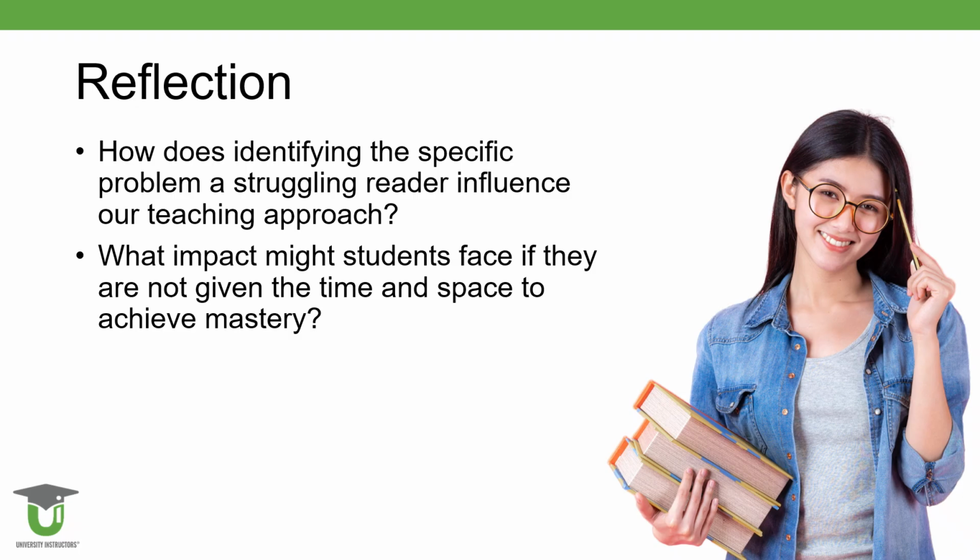The second question, what impact might students face if they are not given the time and space to achieve mastery? Students will continue to struggle with reading and potentially fall further and further behind in the development of their fluency and comprehension skills. Weak phonemic awareness is the most common reason students struggle with reading, writing, and spelling. It is also one of the early identifiers of dyslexia.